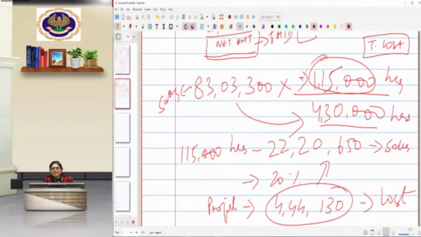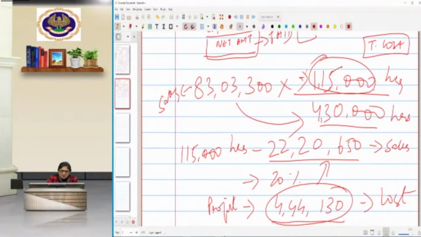So total unproductive was 1,15,000. So how much is the sales for 1,15,000? It came out to 22,20,650. The PV ratio, the profit percentage, was 20%. So we must have lost 4,44,130, the profit which we lost last year due to labor turnover.